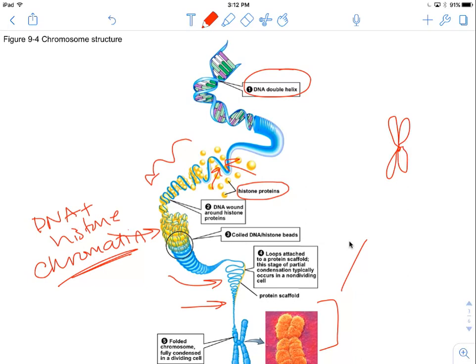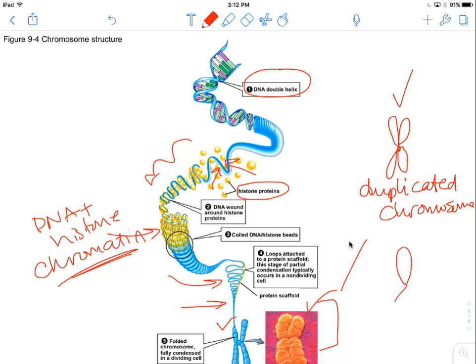And again, this chromosome that they have in the picture here, and here, and what I have drawn here, is a duplicated chromosome, one that has already replicated its DNA. Okay, so here we have an unduplicated chromosome. This chromosome has not replicated its DNA.